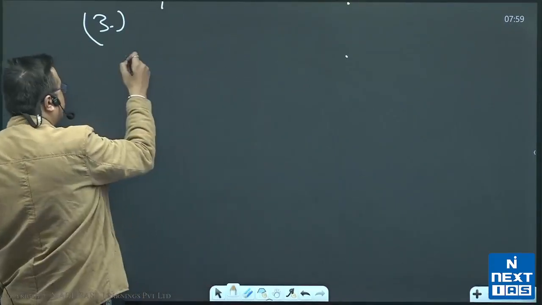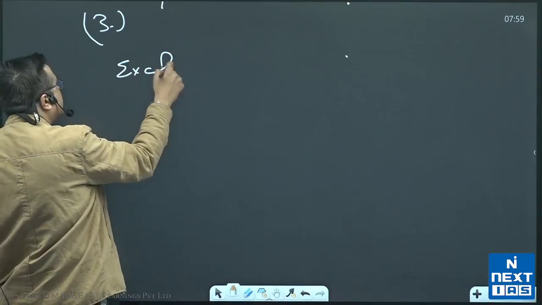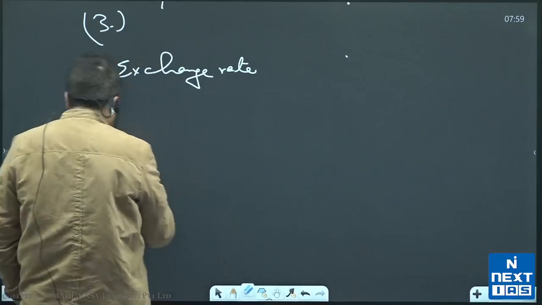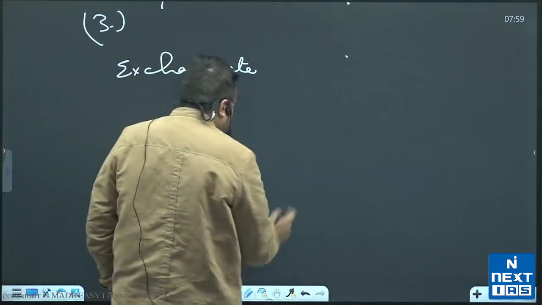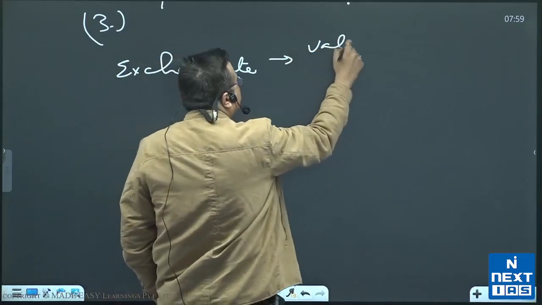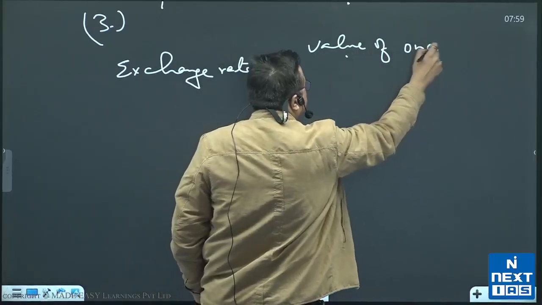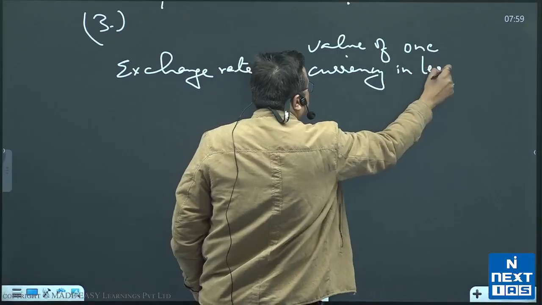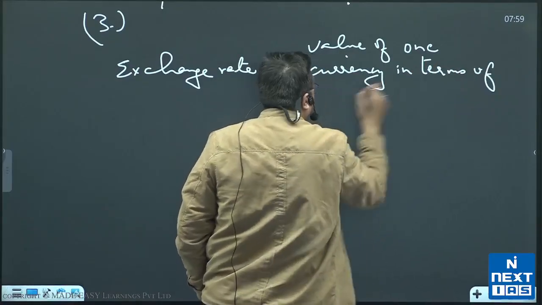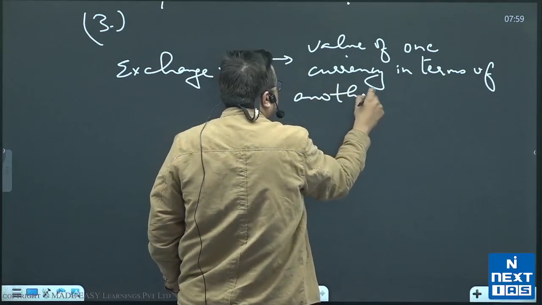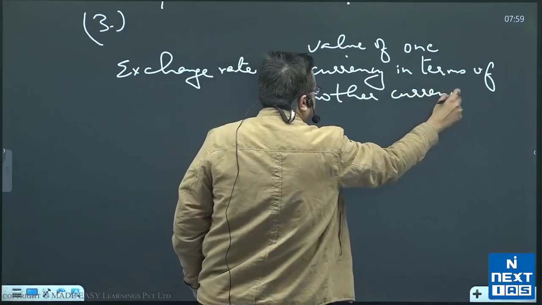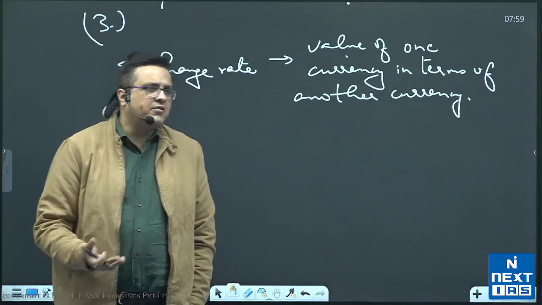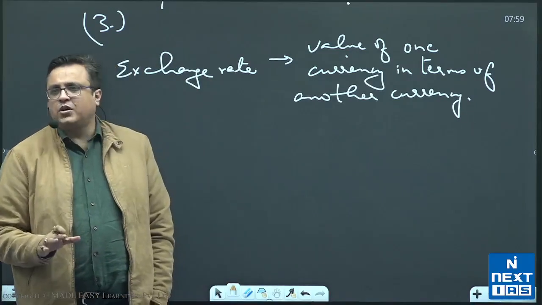Whenever we use this term exchange rate, it is the value of one currency in terms of another currency. That is what you call exchange rate. That what is the value of one currency in terms of another currency.